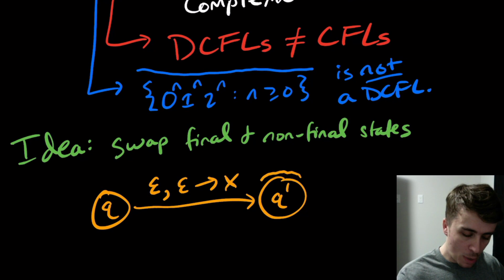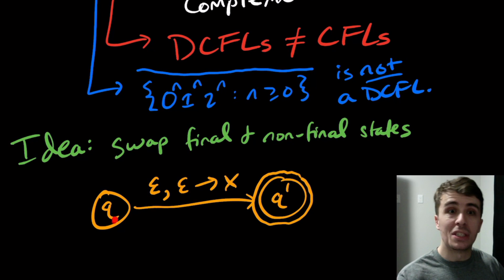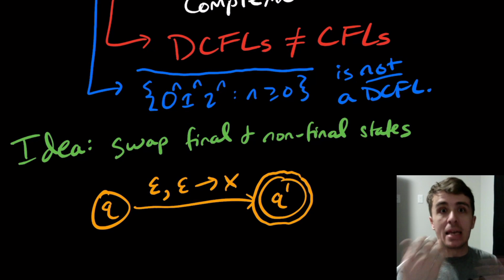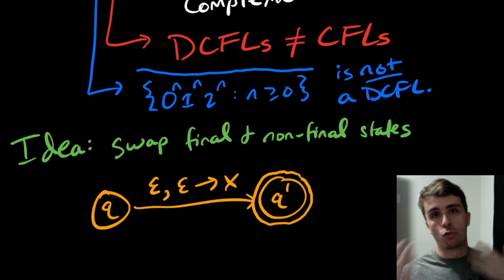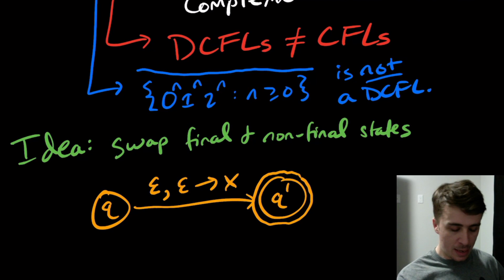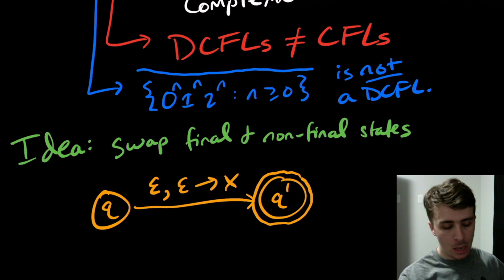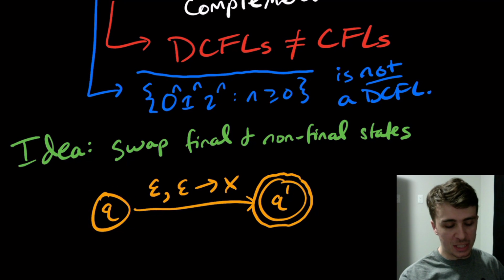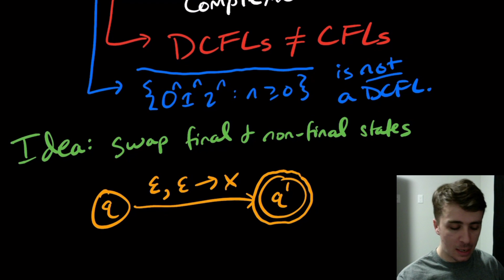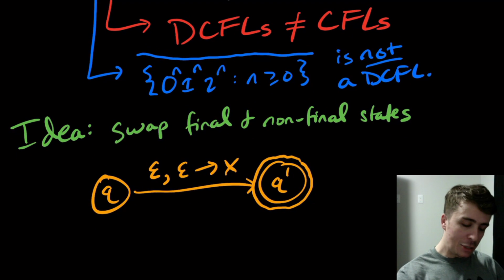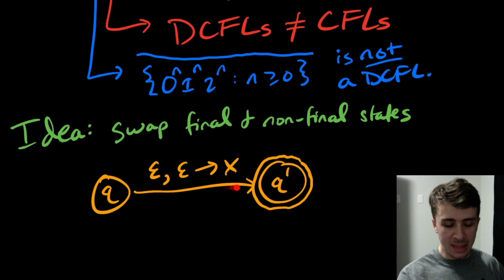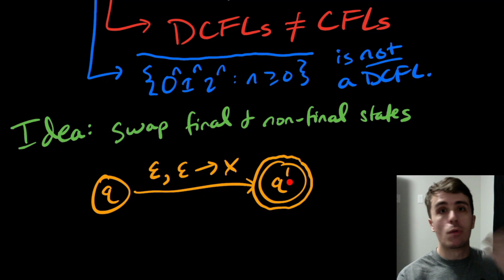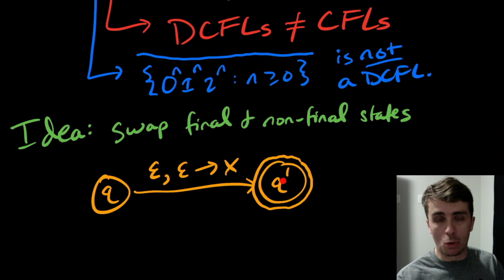For example, what if Q prime was an accept state and Q was not an accept state? Then if we do the flip-flop of which states were final and not, then in the complemented one, we would have that Q is a final state and Q prime isn't a final state, it's just a normal state. But if we had a string that ended up in this state right here, then I can take this transition over to here without reading anything, without consuming more input.